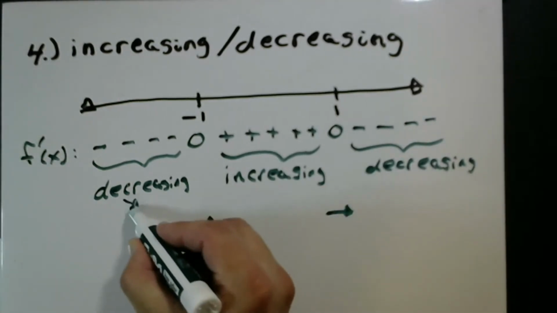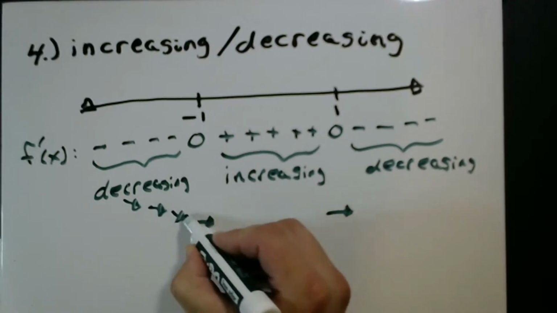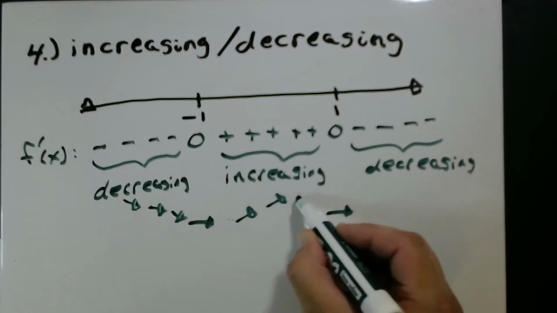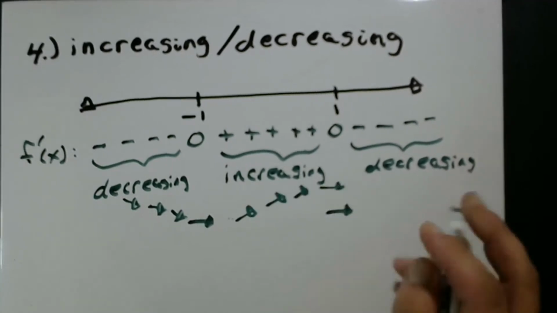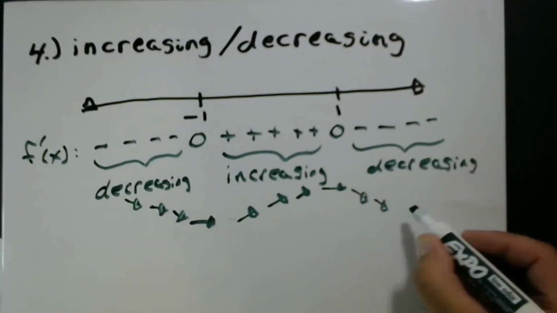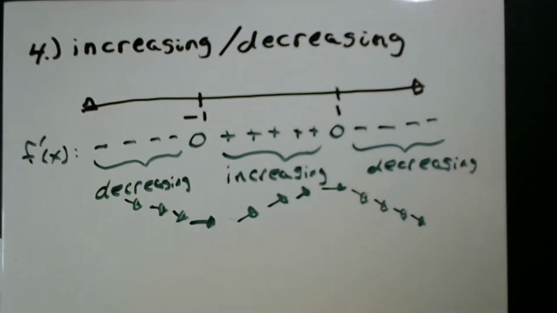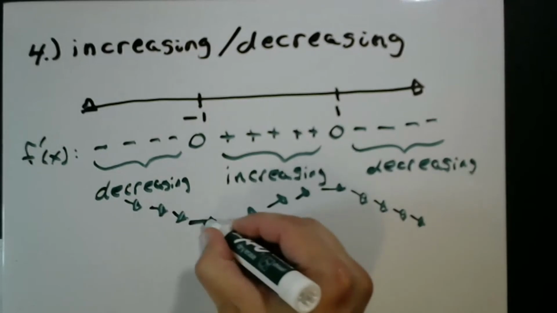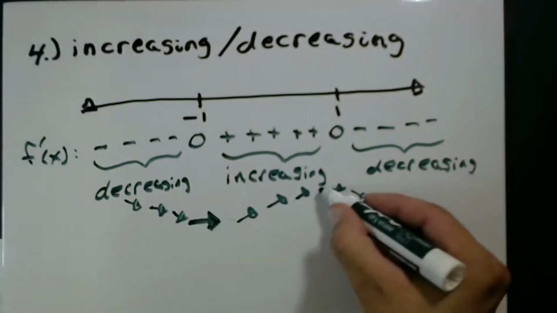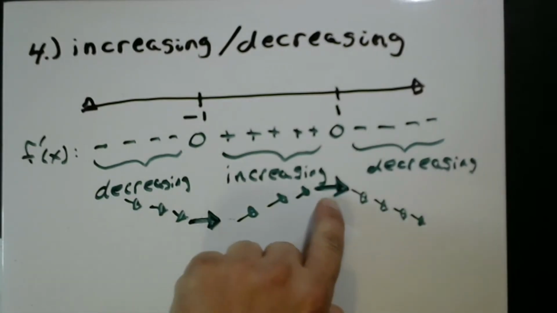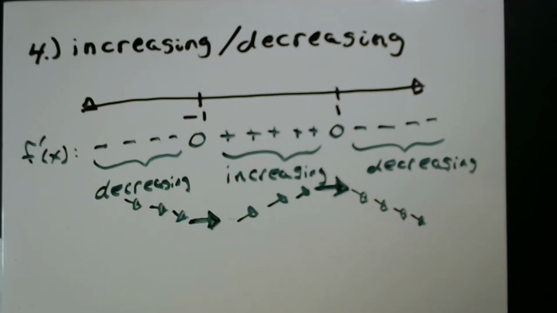And then here they're going to be decreasing. Here they're going to be increasing. So I better put a flat one up here. And then here they're going to be decreasing again. So very roughly, and here's up, I'll kind of emphasize the 0 slope ones. But we seem to be doing something like this. Our graph seems to be behaving sort of like this, looking at just the first derivative.